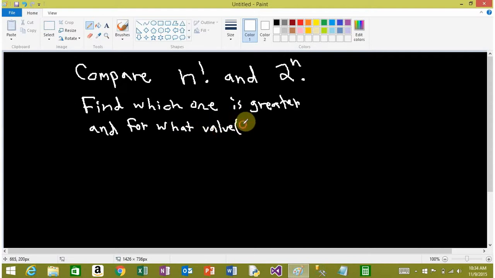And maybe put parentheses for s, because it may just be one value, but just looking at probably more than one value. So what values of n, and then prove your claim.